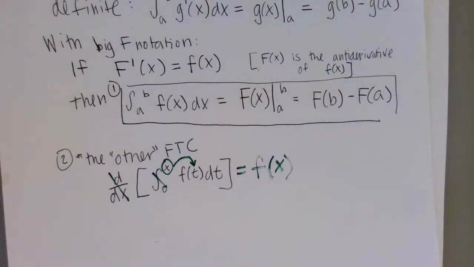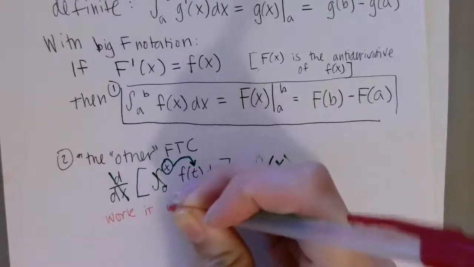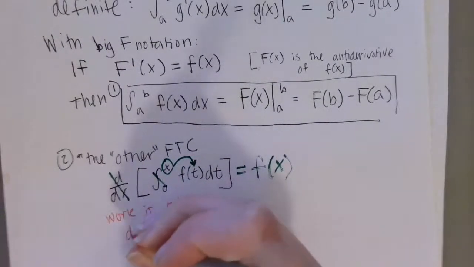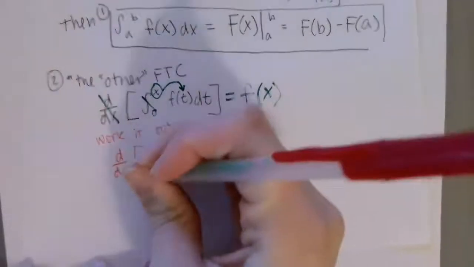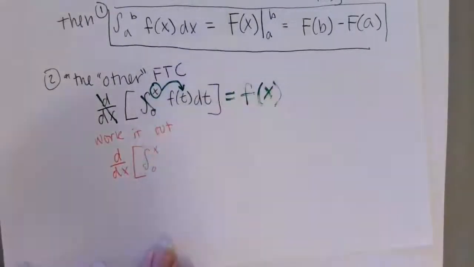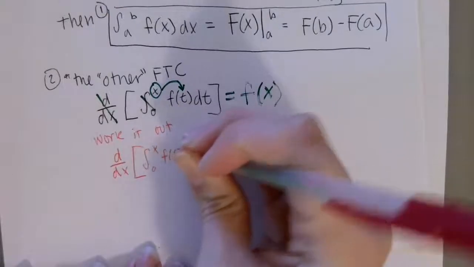So we're actually going to work out how to do this problem. So we started with the derivative of the integral from 0 to x of f of t dt.